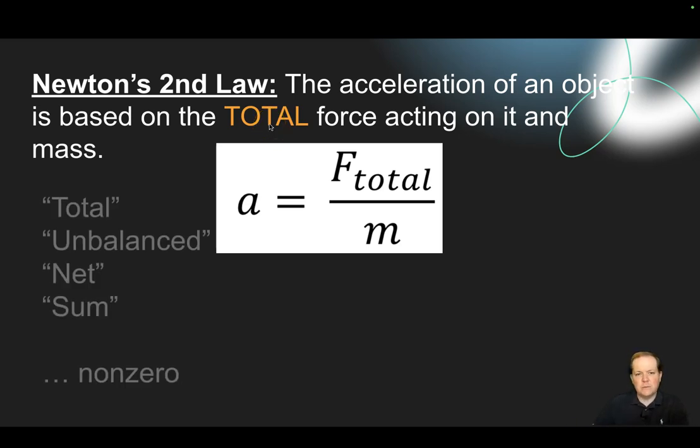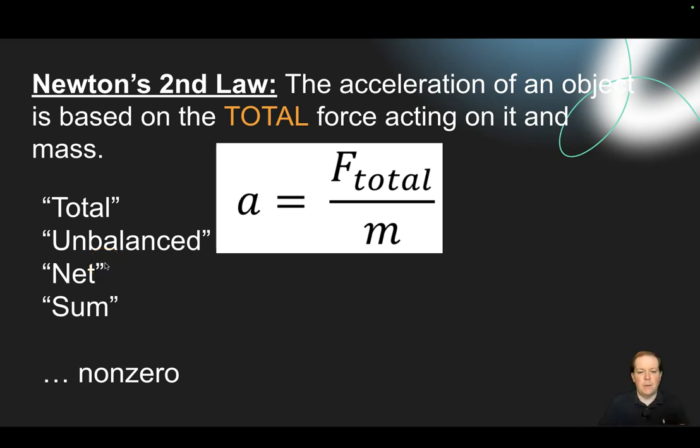FYI, and I'm sorry that there's maybe not one always consistent word, but you might see other words used, or you might hear a teacher or somebody use other words. Instead of saying the total force, you might hear it phrased as unbalanced forces. If there's an unbalanced force, that means it will accelerate. Another word for total is net. Net is also meaning when you add things up.